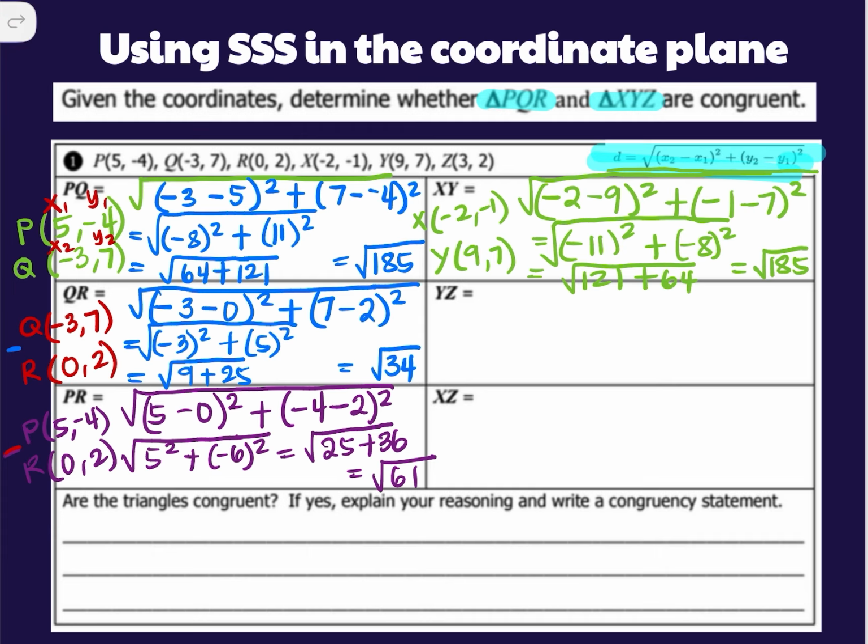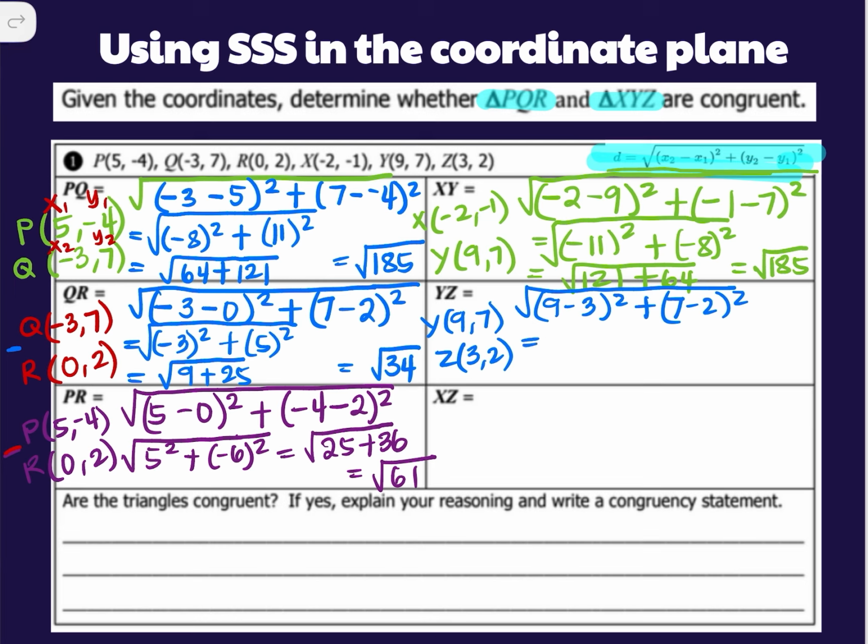All right, moving on to the next one, we will have Y with coordinates 9 and 7, Z with coordinates 3 and 2. So we'll have 9 minus 3 to the second power plus 7 minus 2 to the second power. Again, I am not using the distance formula. I am using a different way to find distance by putting my x values together, subtracting top minus bottom, and then squaring it, and the same thing with the y values.